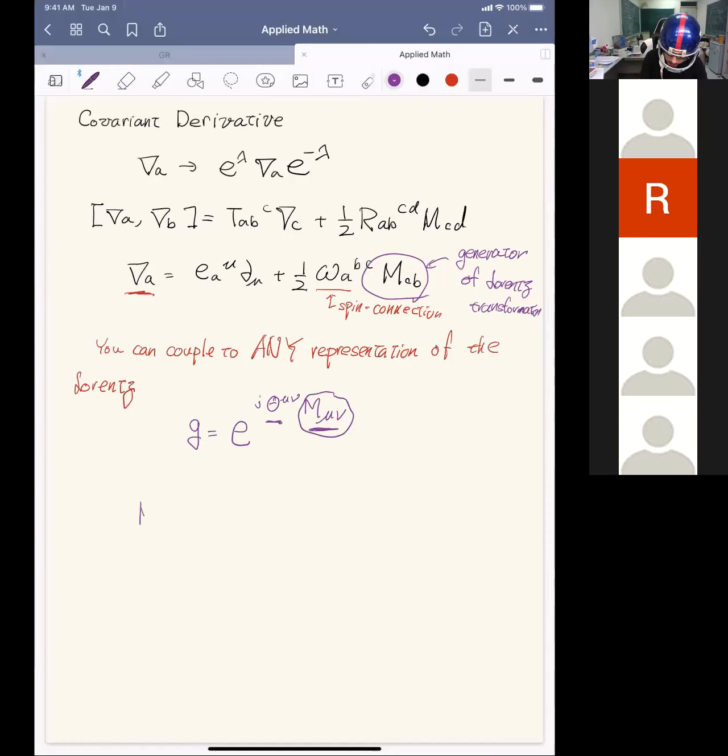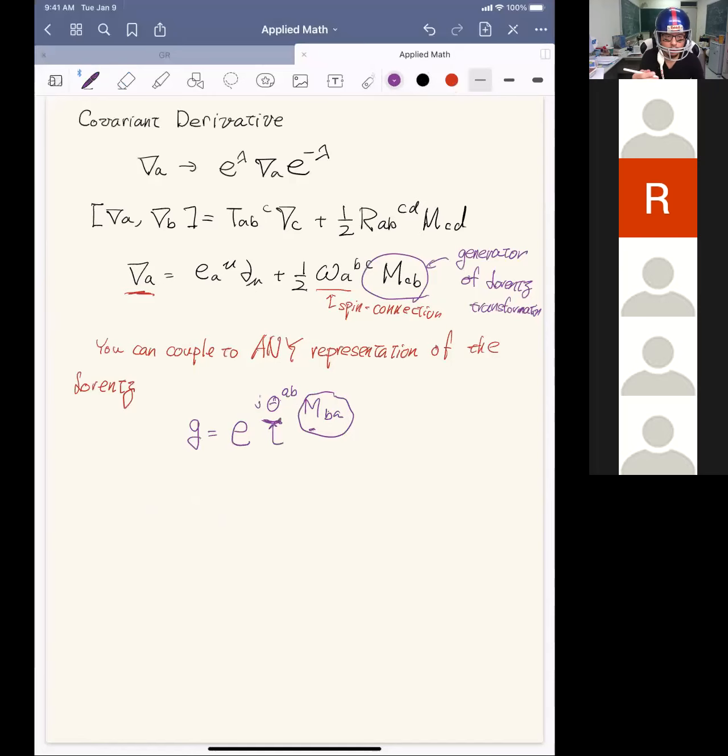This generator must satisfy the following commutation relation, which we wrote down in the homework problem. Let me use flat indices instead of curved indices, just to be consistent. These are the transformation parameters.